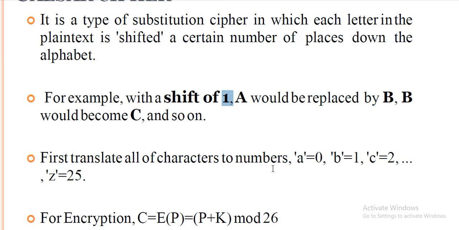So a total of 26 is covered. The first step is to write down the number for each and every letter. Then we apply the method: whatever key number is mentioned to you, that is the number of places we move forward in the alphabet.